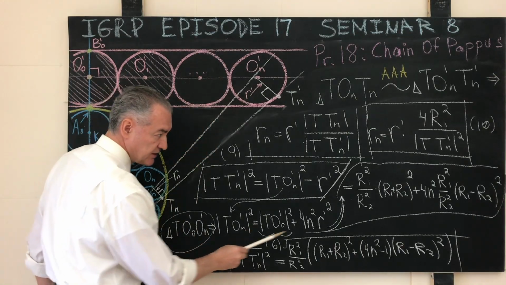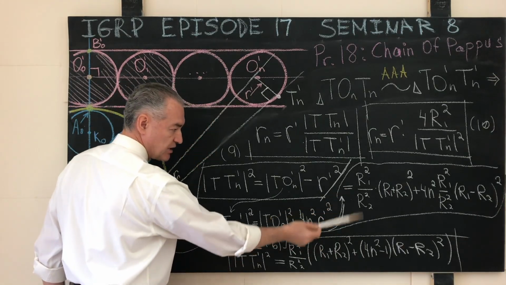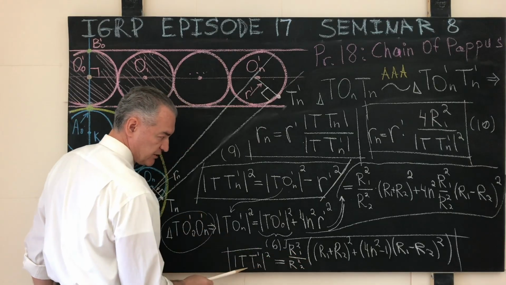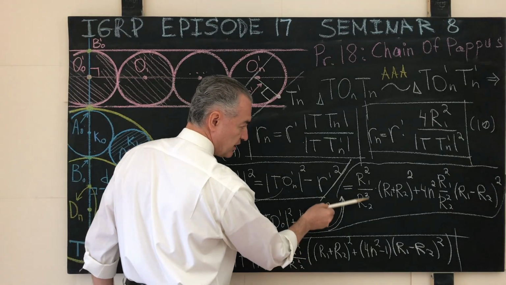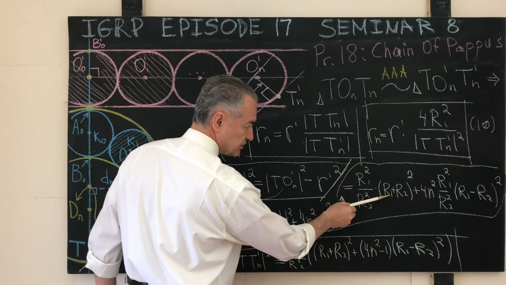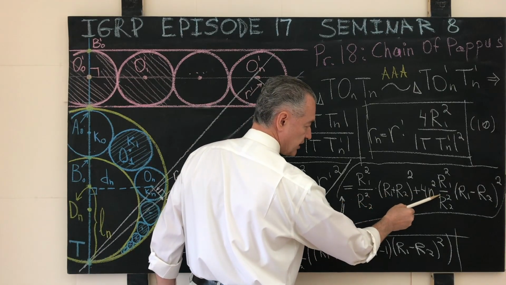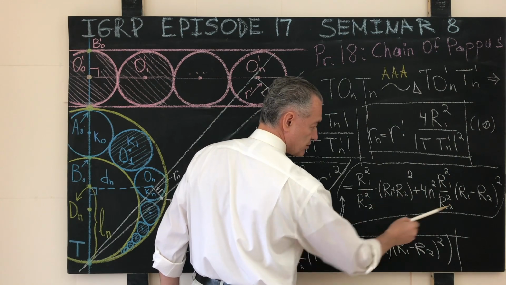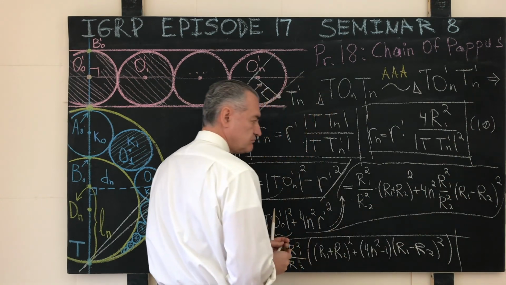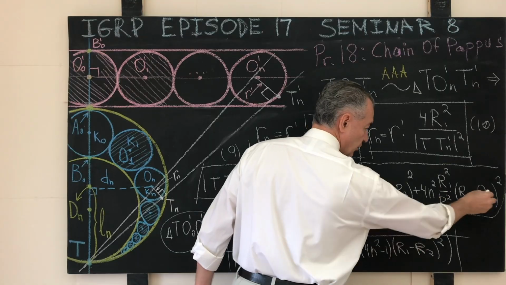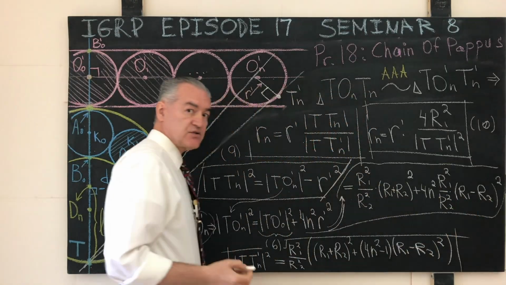This equal sign is carried into this equal sign. I bumped it up so I have room for the expression at the bottom, but again, the square of the ratio times the square of the sum plus 4n squared times, again, the square of the ratio times the square of the difference. And essentially this is it.